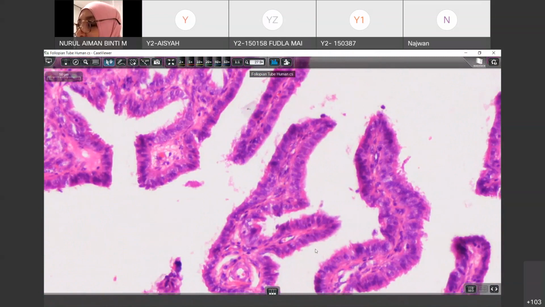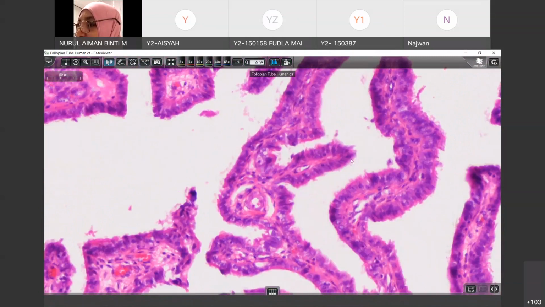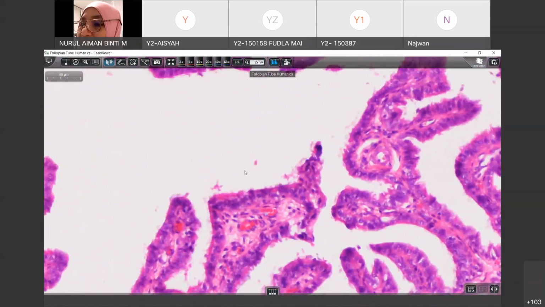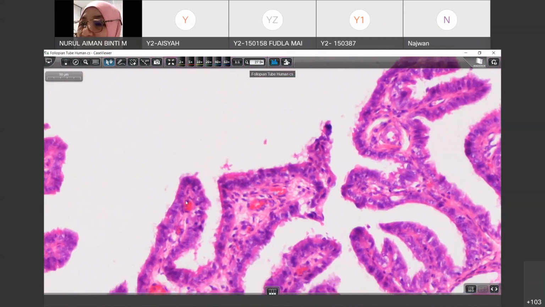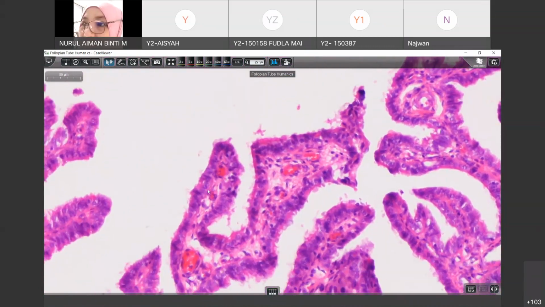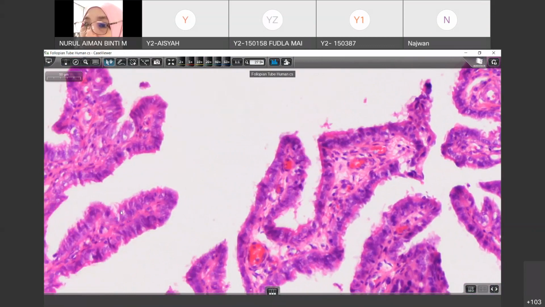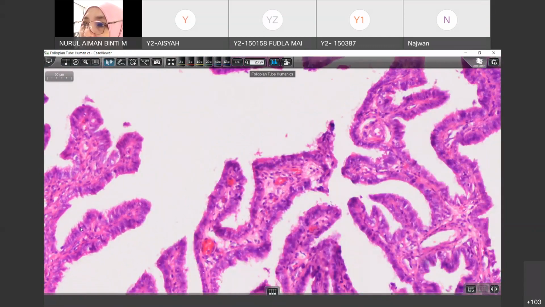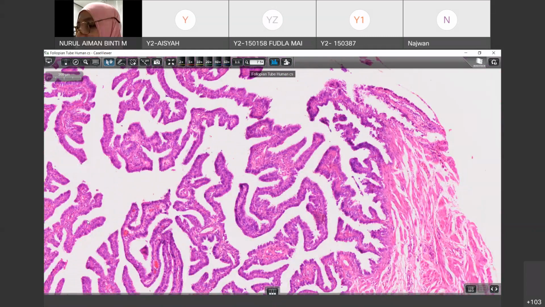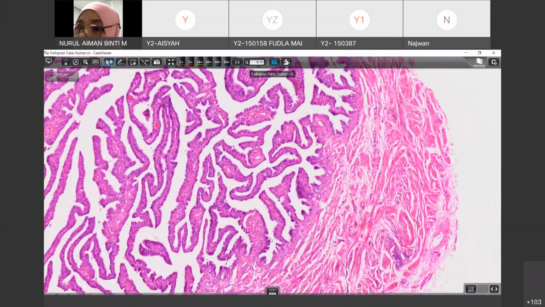It's quite difficult to find, as I mentioned just now, there are two types of epithelium, which are the simple columnar ciliated epithelium and also the peg cells. Okay, but of course you can see a lot of cilia here. These are the simple columnar ciliated epithelium. But it's quite difficult for you to find the peg cells because it's very compact.